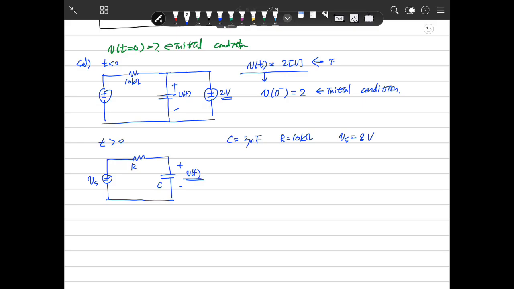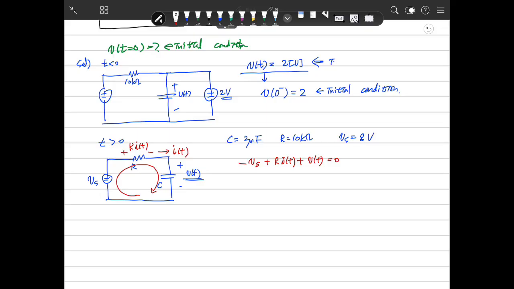Then we will use simple things. What should we do? We use any KCL or KVL, whatever it is. So we will use Kirchhoff's voltage law. Because we look here, voltage law like that. Then we define this as It here. Then the voltage is R It. Then what's that? Minus Vs plus R It plus Vt is 0.